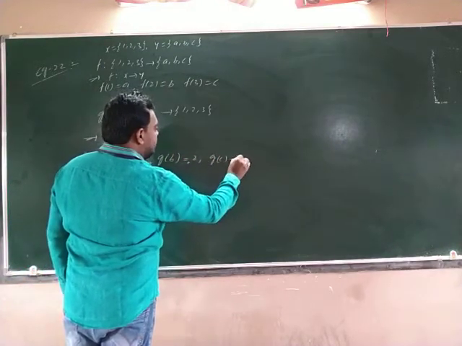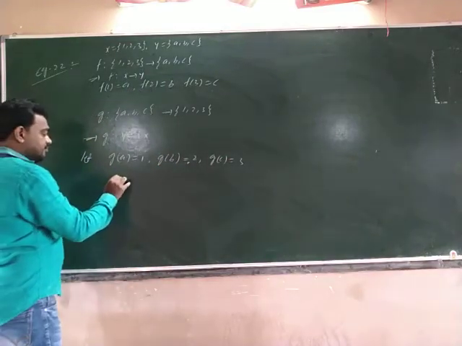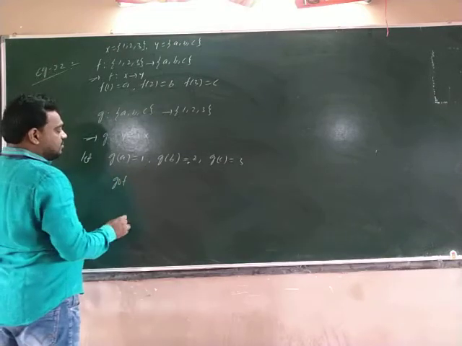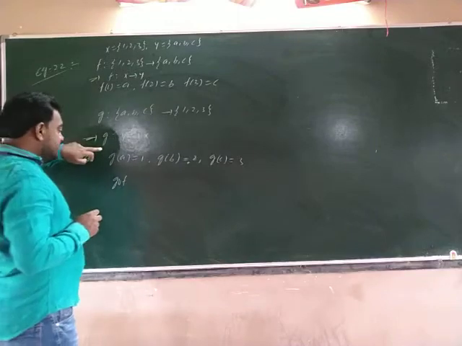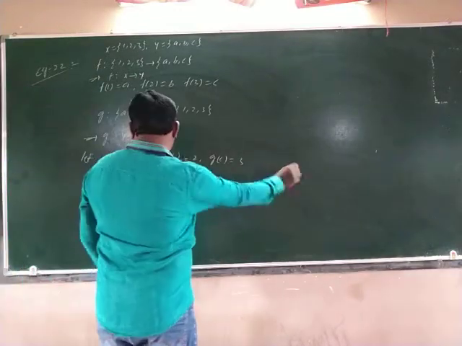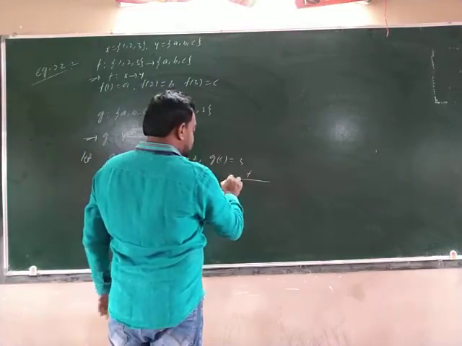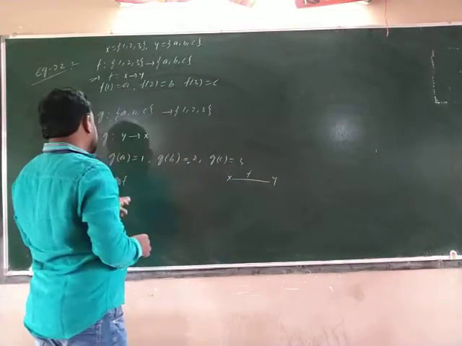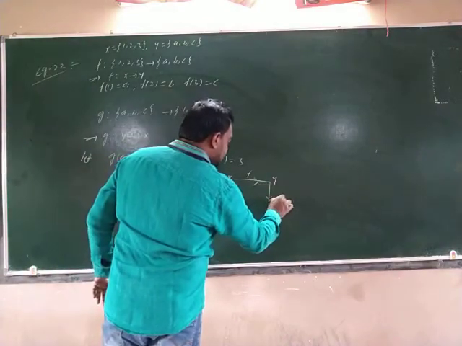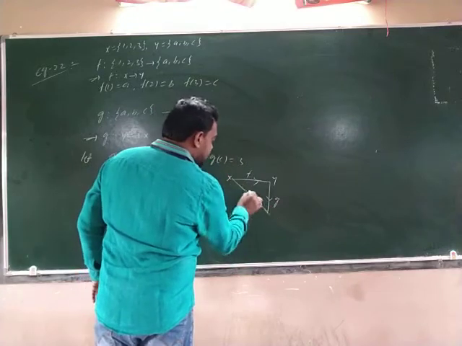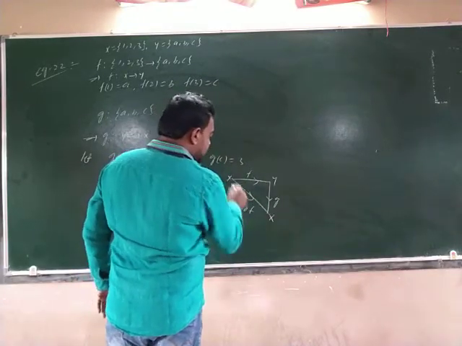I am only assuming this. Now g circle f is a mapping from where to where? f is from x to y, and g is from y to x, so g circle f is from x to x.